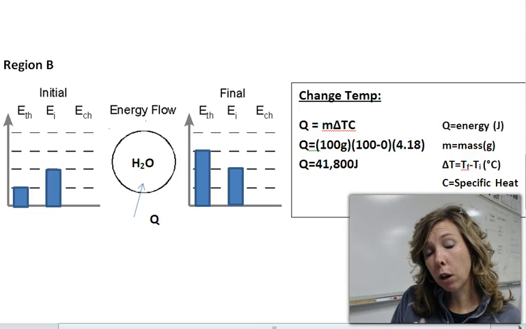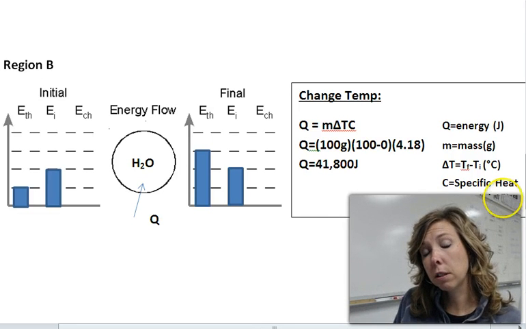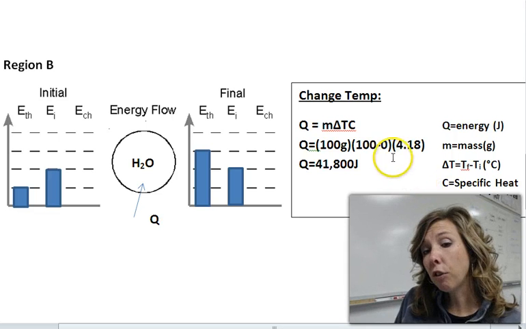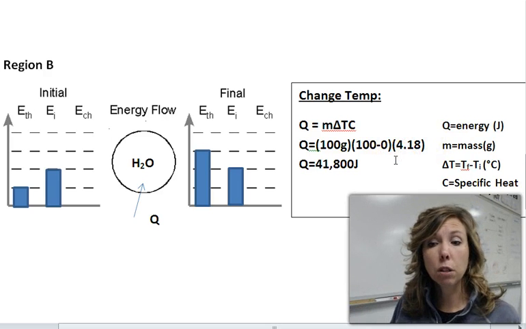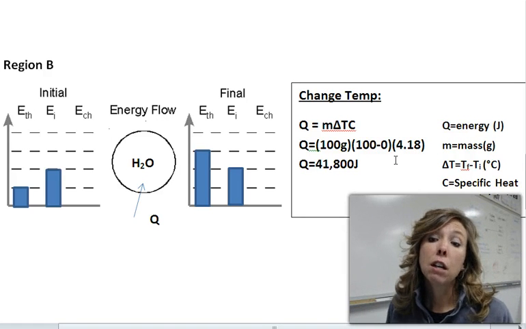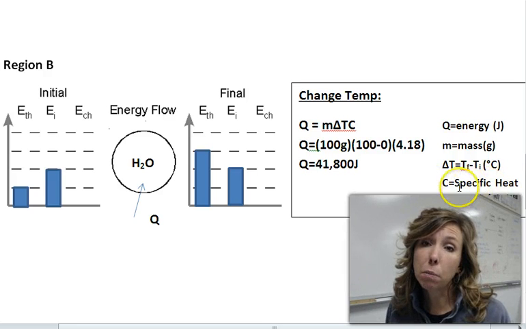Again, one gram of a substance 1 degree Celsius, how much energy. That value for water, it shows up here in this work I'm going to talk about, 4.184. That is the value for water. If we were talking about a different substance, we would have a different value there. It's very specific for that substance, hence the name specific heat.